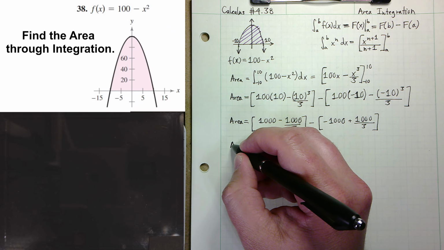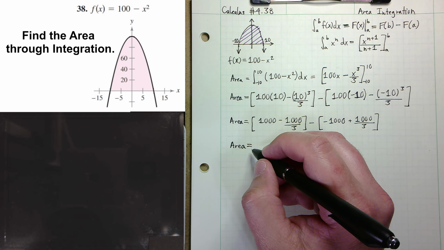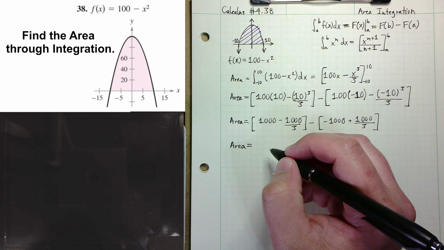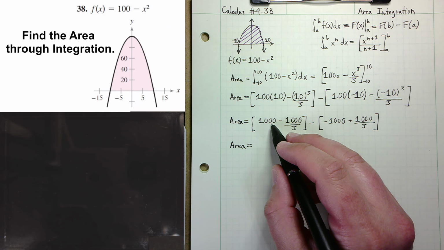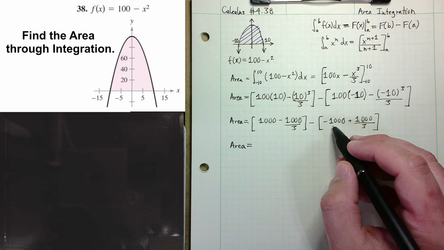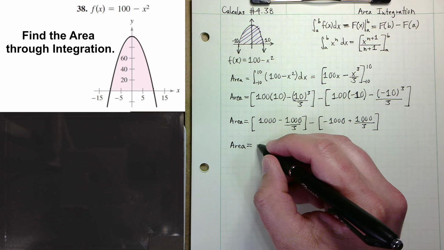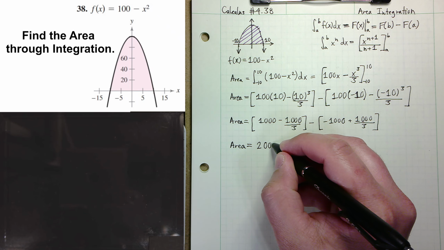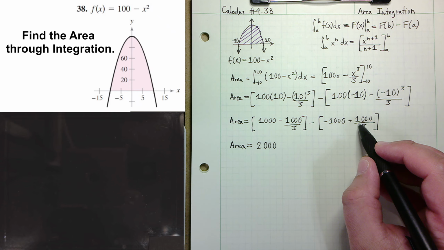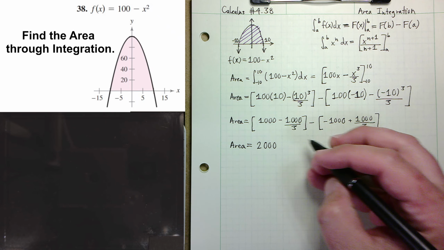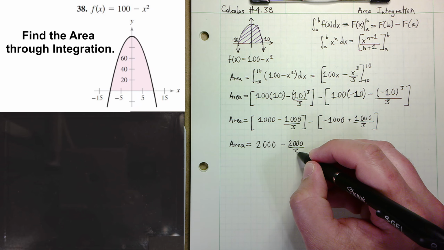So now, simplifying on this step, we can combine this 1,000 and this negative times negative is positive 1,000, so that becomes positive 2,000. Then we have negative 1,000 over 3 minus positive 1,000 over 3, so that becomes negative 2,000 over 3.